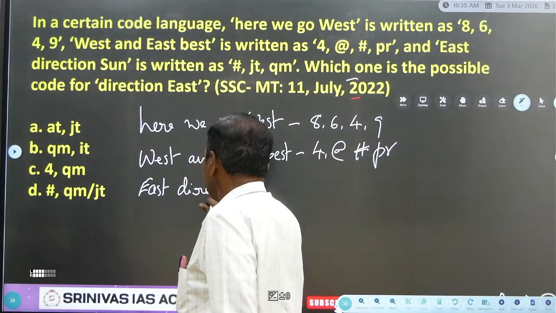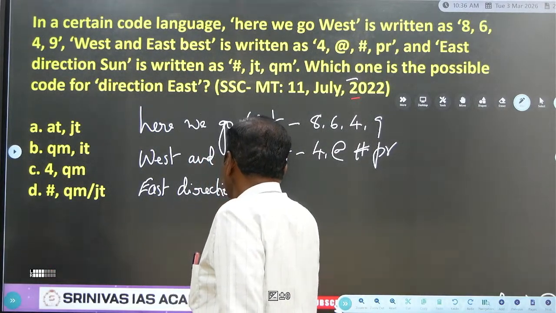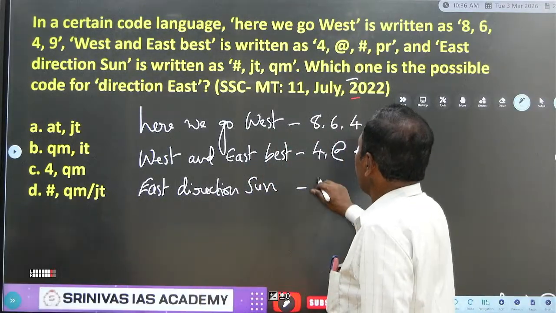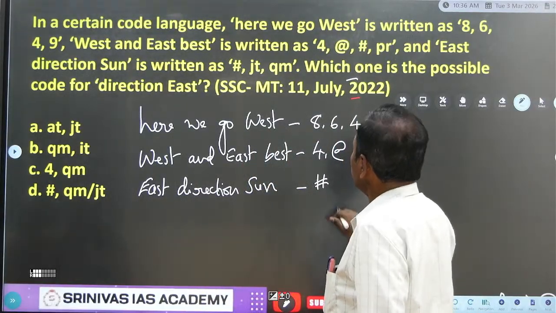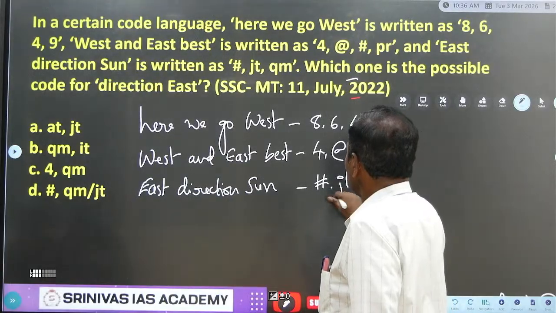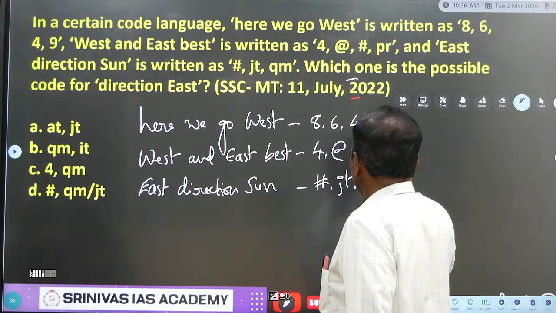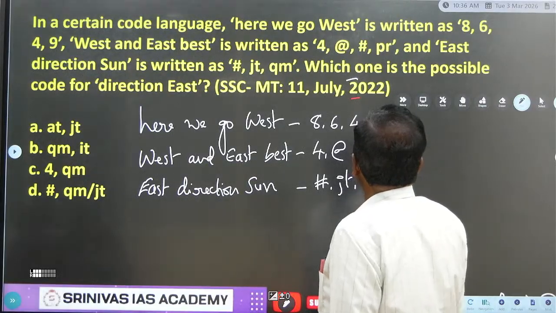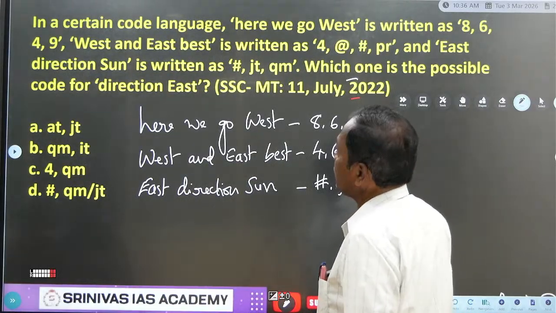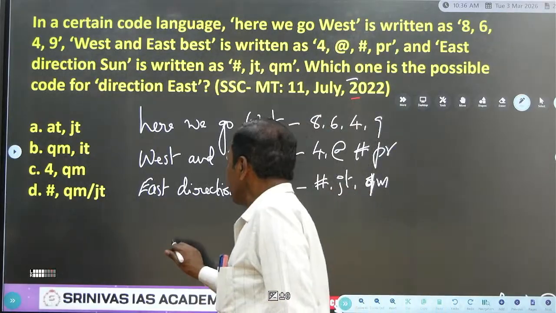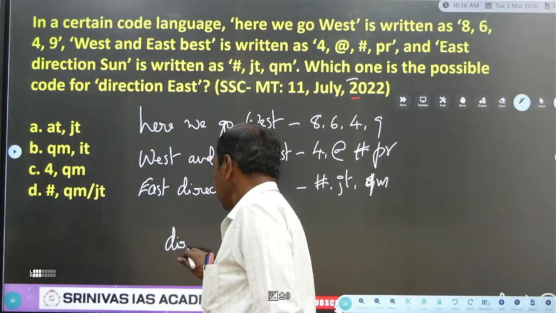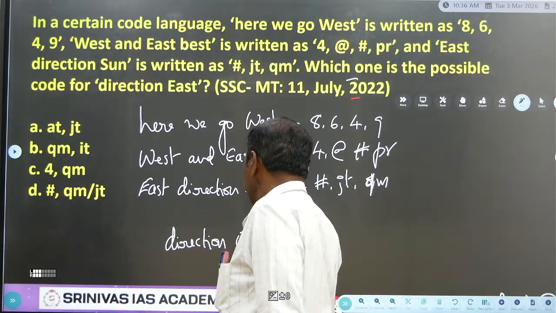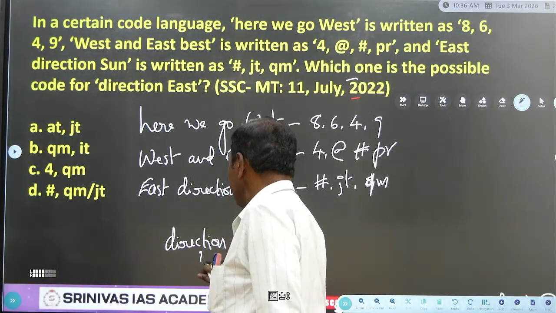East direction sun is written as ash JT QM. Which one is the possible code for direction east? Direction east, this is the question.